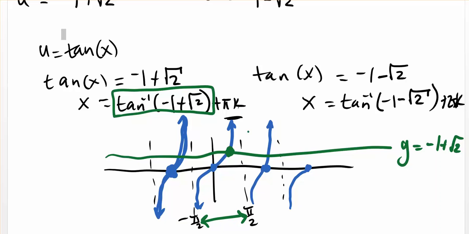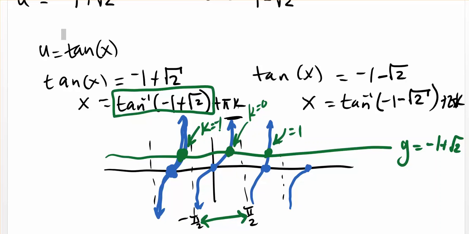If you add 1 pi to it, you get this solution. If you subtract 1 pi from it, you get this solution. So this would be the k equals 0 value, this would be k equals 1, and this one here is k equals negative 1.